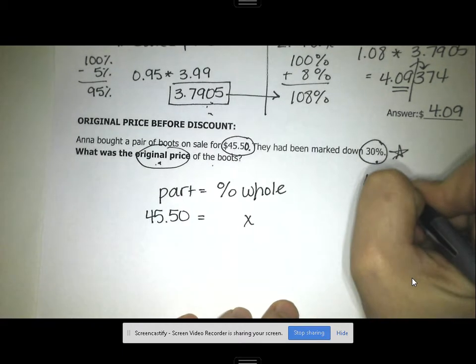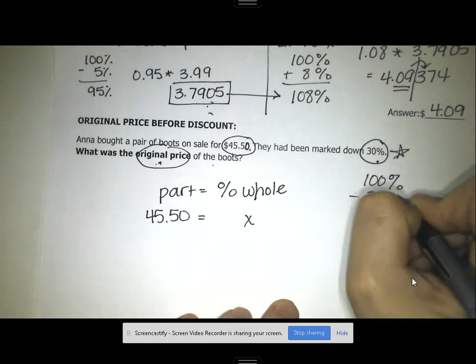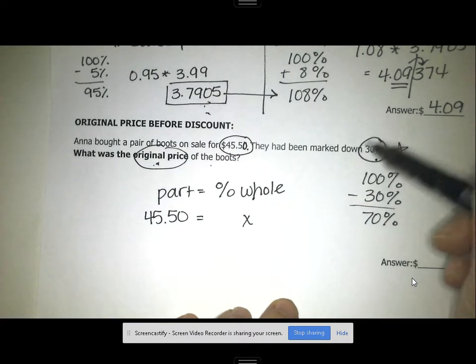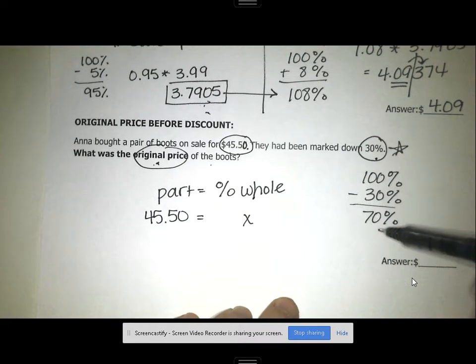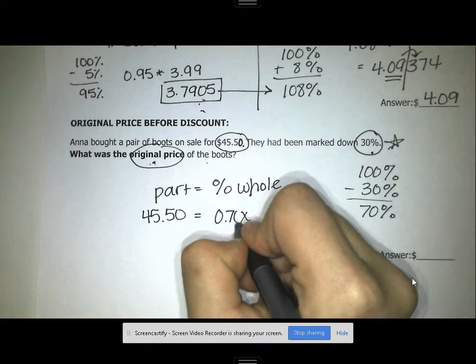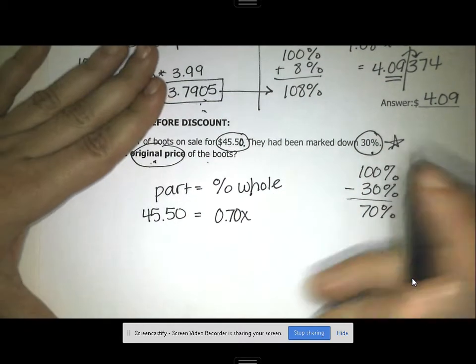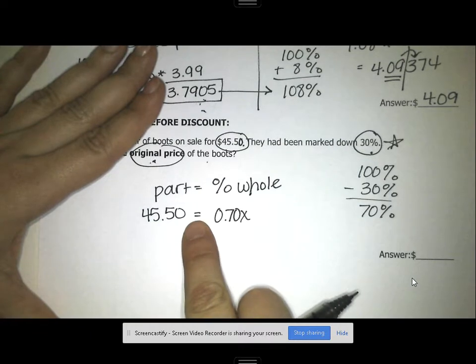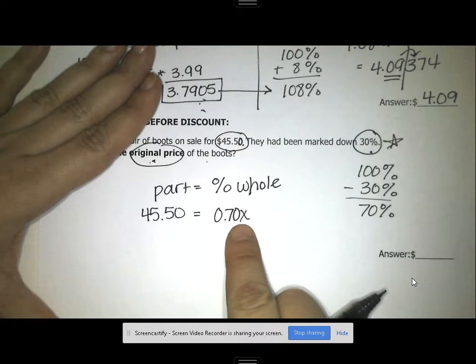You pay 70% of the original price. Because if it's 30% off, there's 70% still on. So how this reads is the sales price, $45.50, equals 70% of the original price.